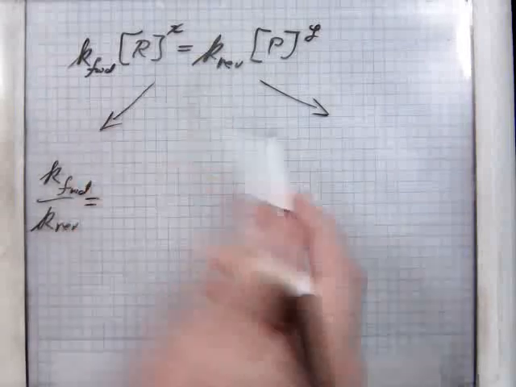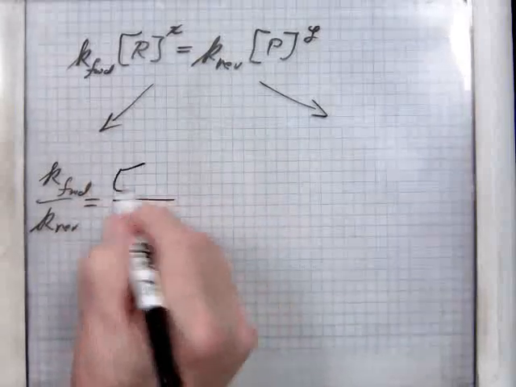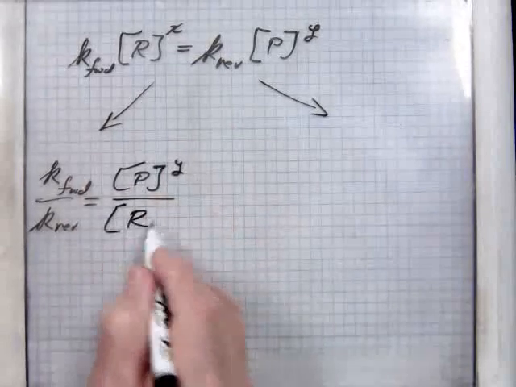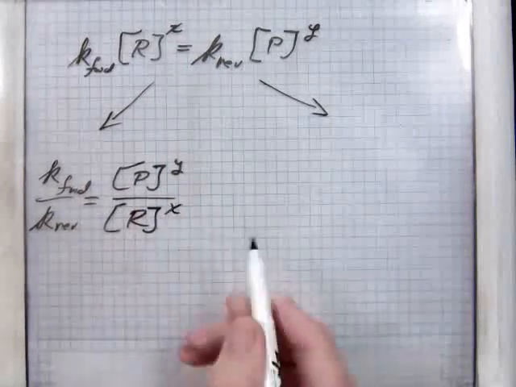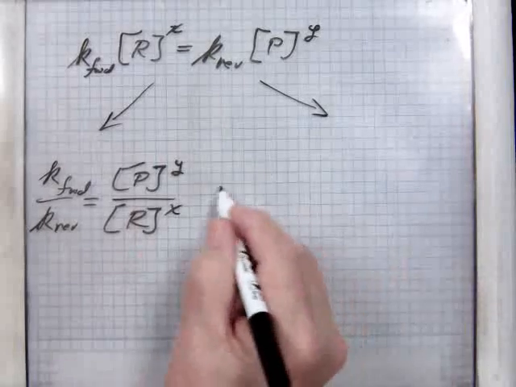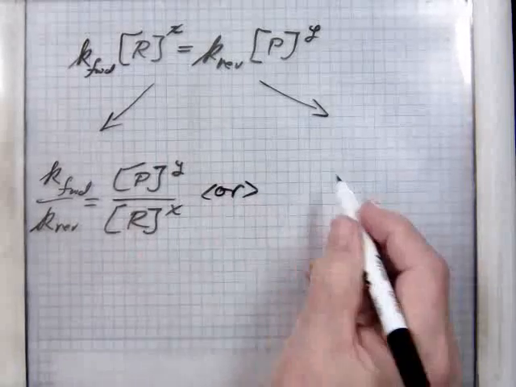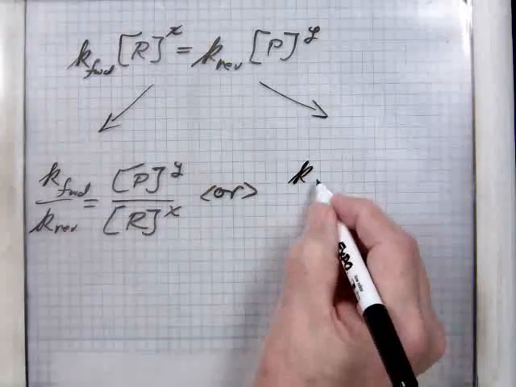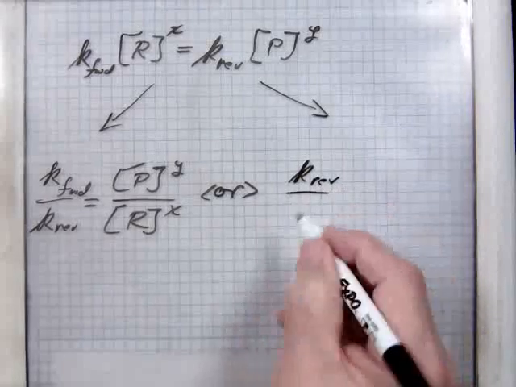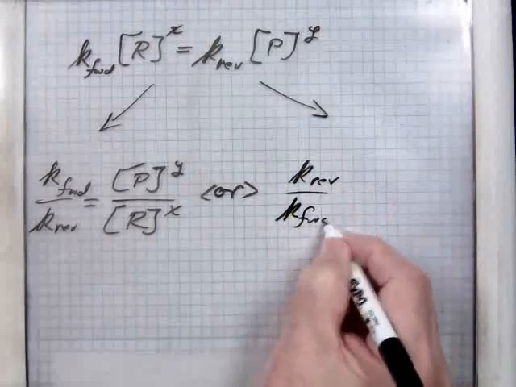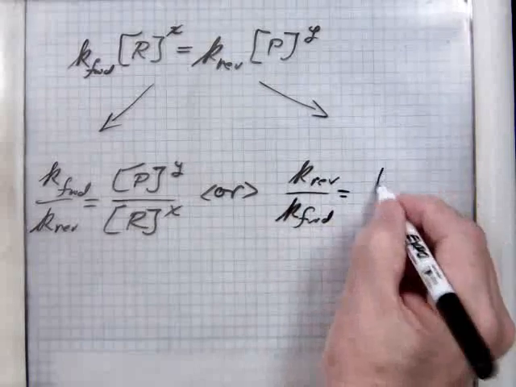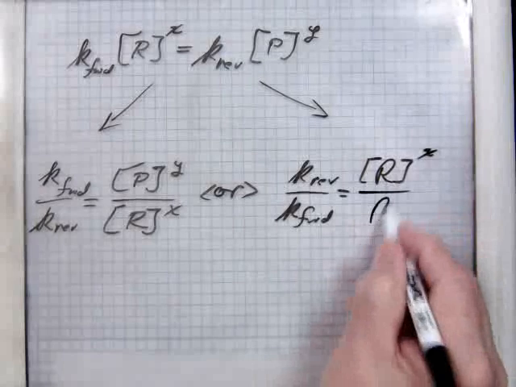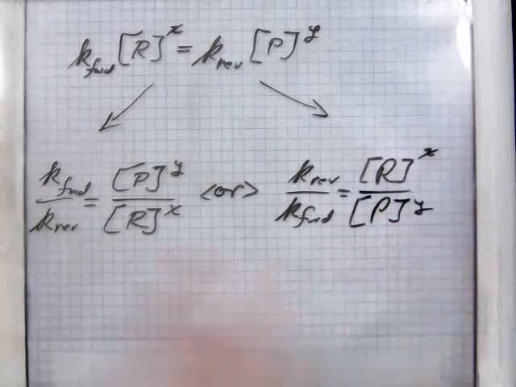And so that would be the concentration of products raised to the Y power over reactants raised to the X power. Or you would have the inverse of this, which would simply be K reverse over K forward is equal to the concentration of reactants raised to the X over products raised to the Y power.